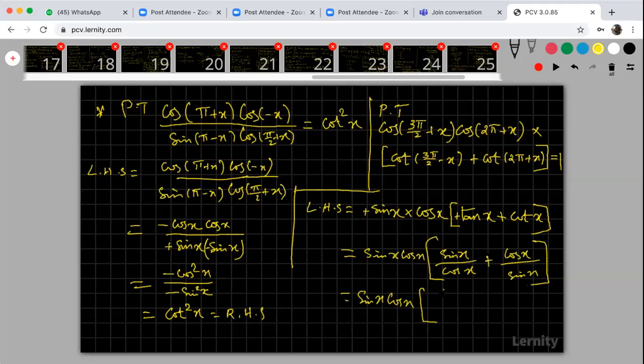This is sin square x, plus cos square x, divided by cos x into sin x, or sin x into cos x. Now look at that. Your sin x cos x cancel. What about your sin square plus cos square? It is 1. This is the RHS. See that? This is your RHS. Please see that.